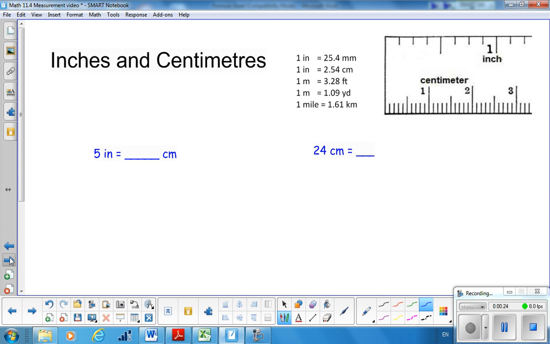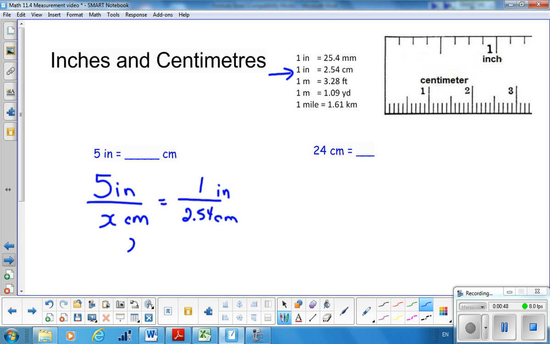If we're asked to change 5 inches into centimeters, we're going to set up our proportion, 5 inches, and I want to figure out how many centimeters that's going to be. On the other side, we need a conversion factor. And from the top of the page, we can see that 1 inch is 2.54 centimeters.